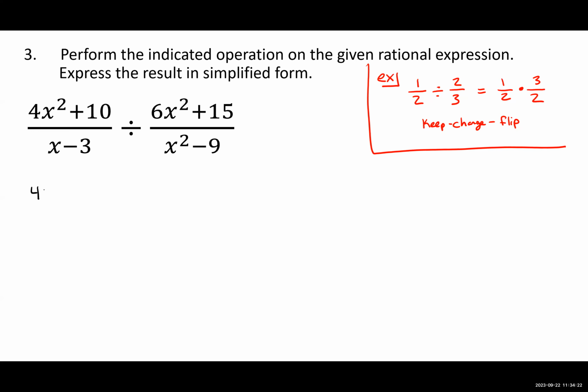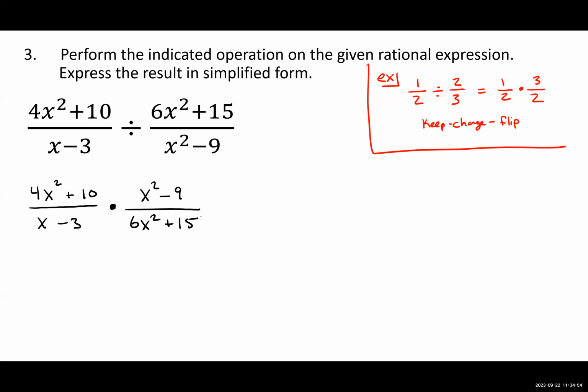So that will be 4x squared plus 10 divided by x minus 3 multiplied by the reciprocal. So keep, change, flip. So we'll get x squared minus 9 divided by 6x squared plus 15. So step 1, convert the division into multiplication. And now it's exactly like number 2.